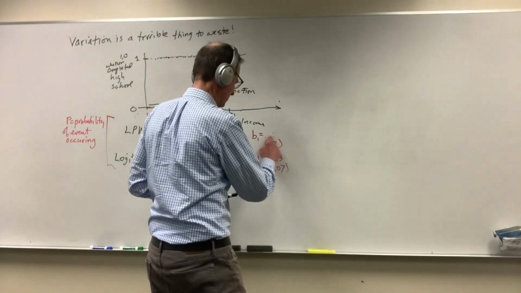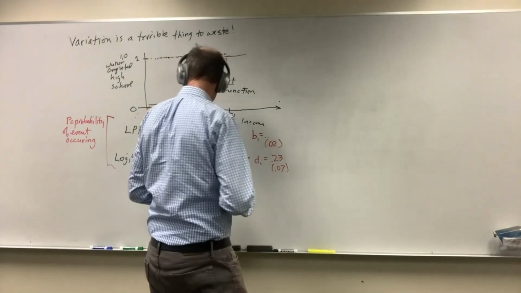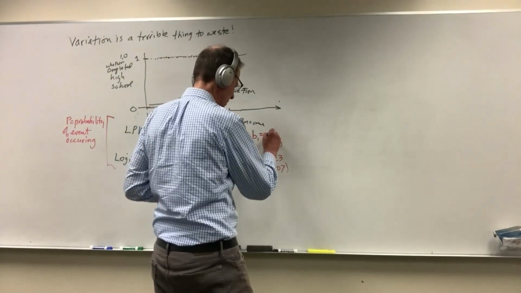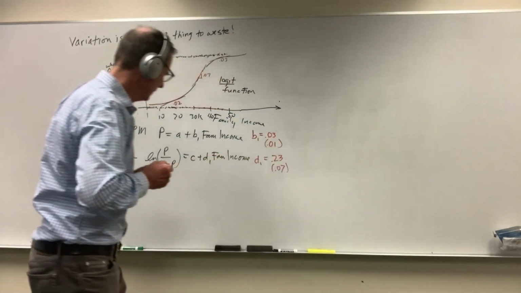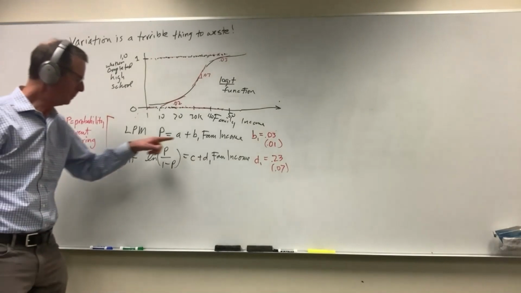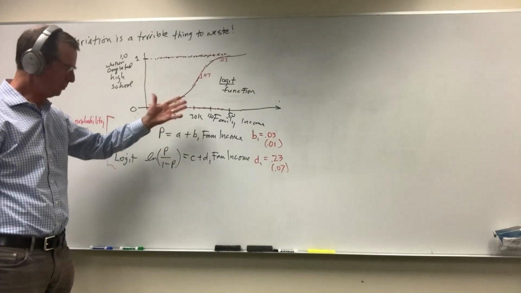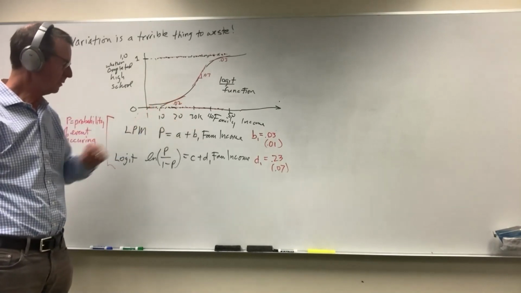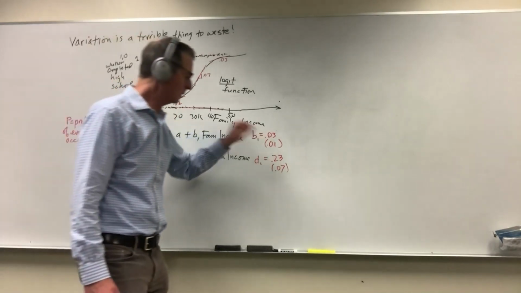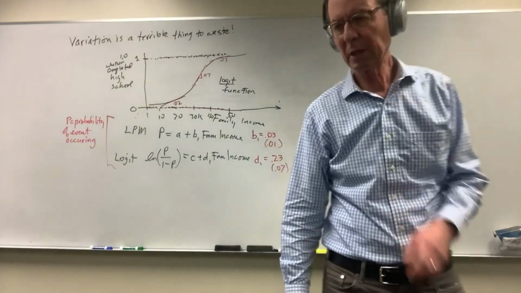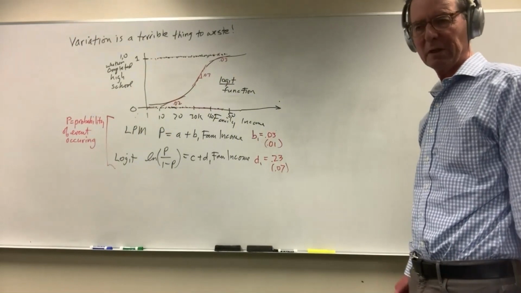If we were to run a linear probability model, according to my calculations with these data, we would get a coefficient on family income, scaled in tens of thousands of dollars, of 0.03, which, as we said, means that an additional $10,000 of family income is associated with a 3 percentage point increase in the probability of graduating high school. All right, and we were marveling at how clear that was to everybody.